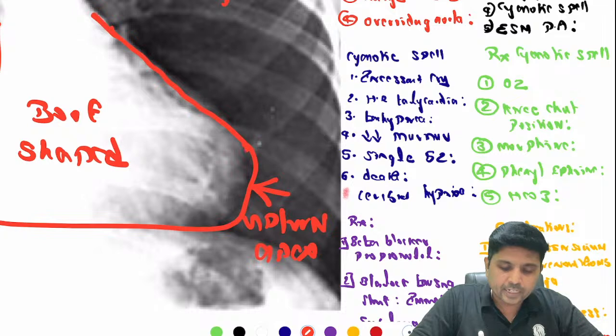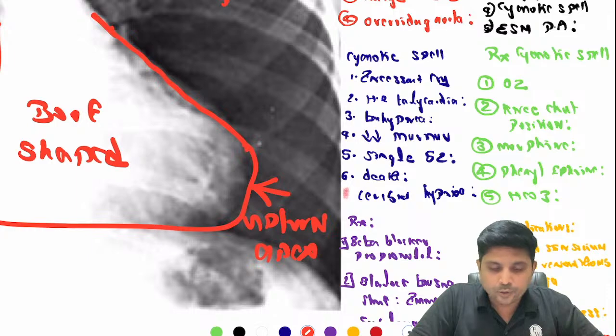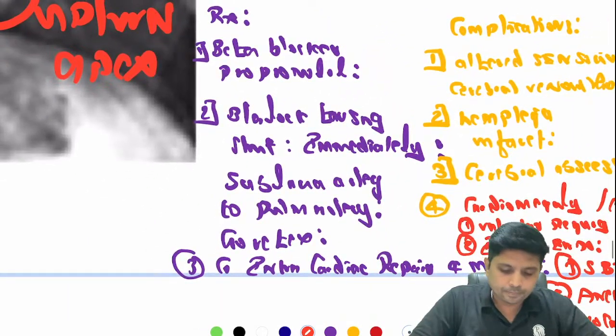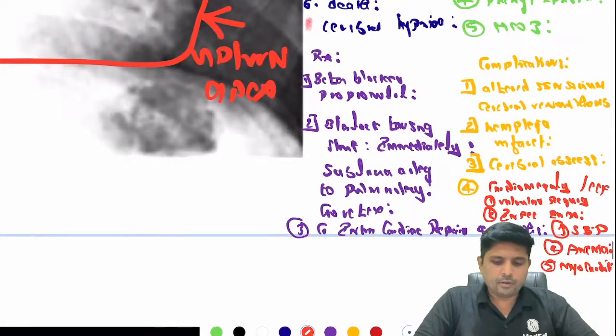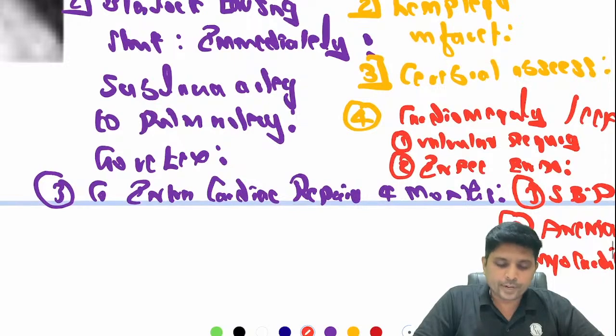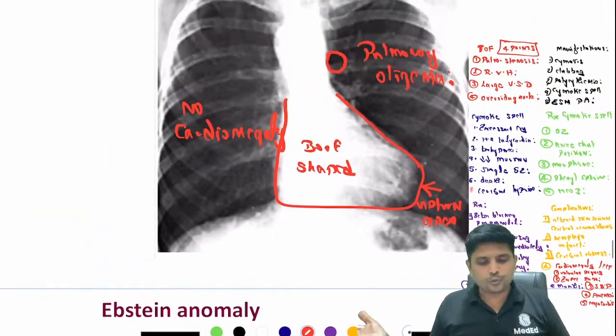What is the presentation of a cyanotic spell? How to treat a cyanotic spell? What is the treatment? Beta blocker, intracardiac repair. What are all the other complications? When will you get cardiomegaly? That's all over. Almost over.